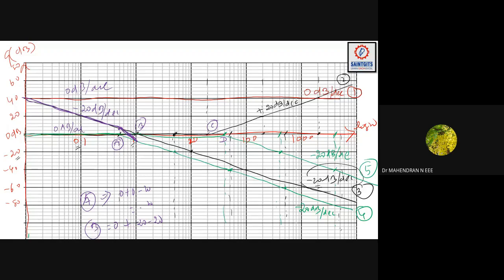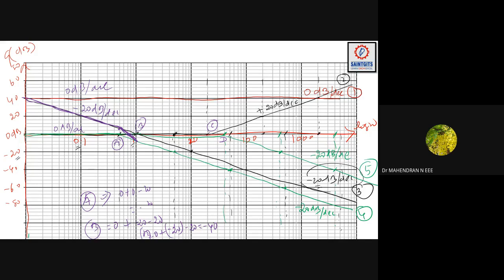Then from B to C, once again, this is 20, 0 plus minus 20 and minus 20, minus 40. Am I right? So minus 40 in the sense, and this is 20, 20, and minus 40 it will come. Then automatically, from here to 20, 40 dB should be there. Here, from 0 to 20, each division can carry 4 dB.